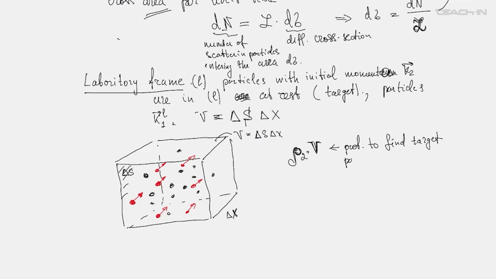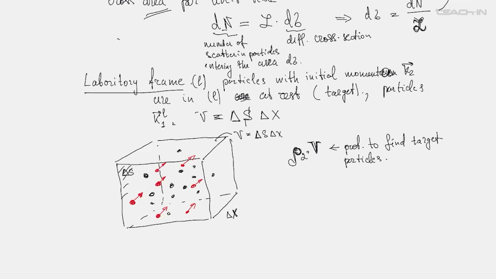Now, this quantity we have to multiply with the probability that an incoming particle passes the cross-section delta S of our target per time delta T. In this way, we would get the number of potential colliding events.